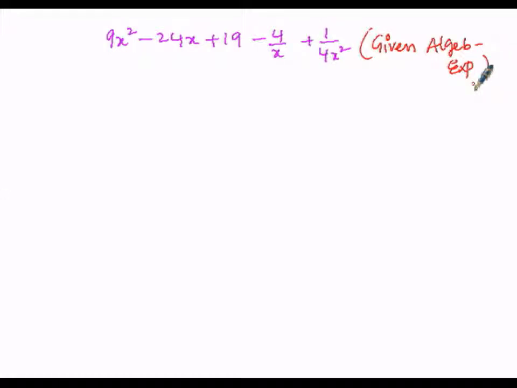So here, in order to find out the square root of this particular algebraic expression, first of all, there are fractions. The denominator of the fourth term is x and the denominator of the last term, that is the fifth term, is 4x square.